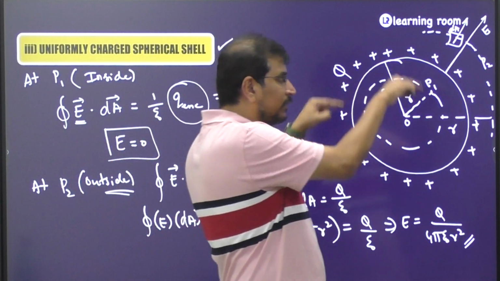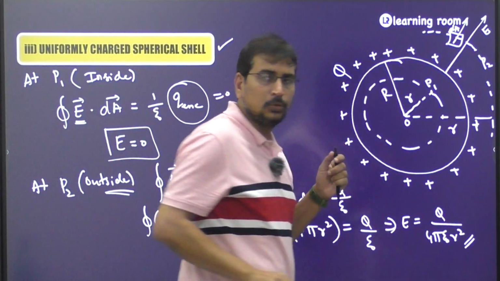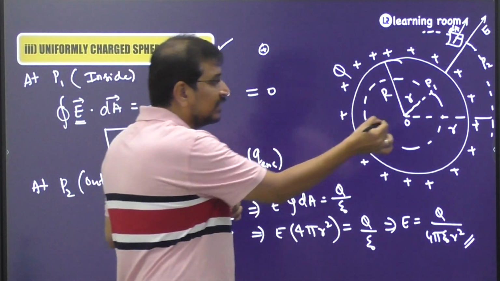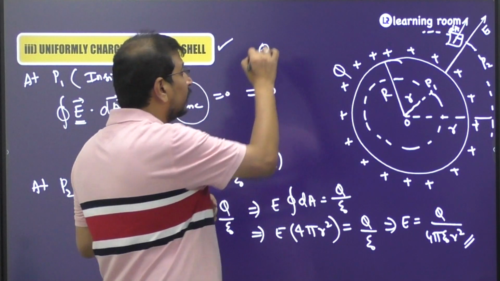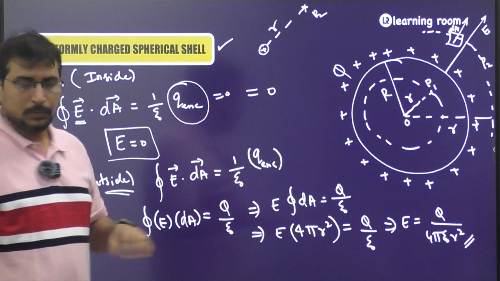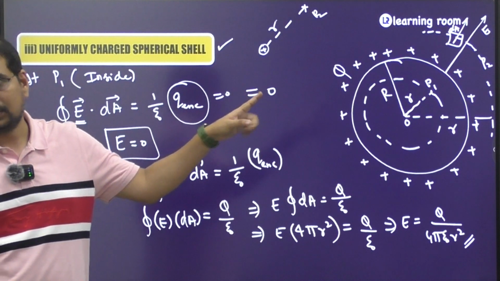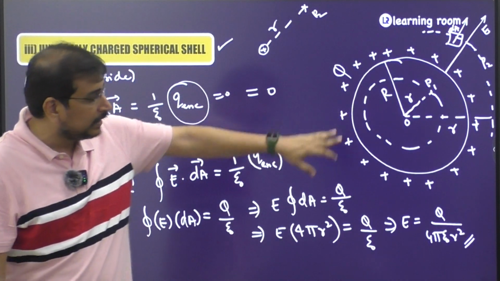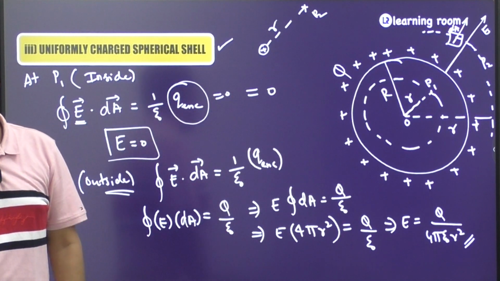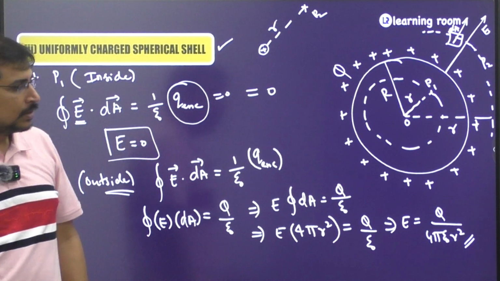Meaning, for a spherical shell, if you calculate the electric field outside, it is the same as having a point charge placed exactly at the center, at a distance r from this point P2. See, they are not the same, but it is acting as if it is a point charge placed at the center of the sphere. Am I clear with this?